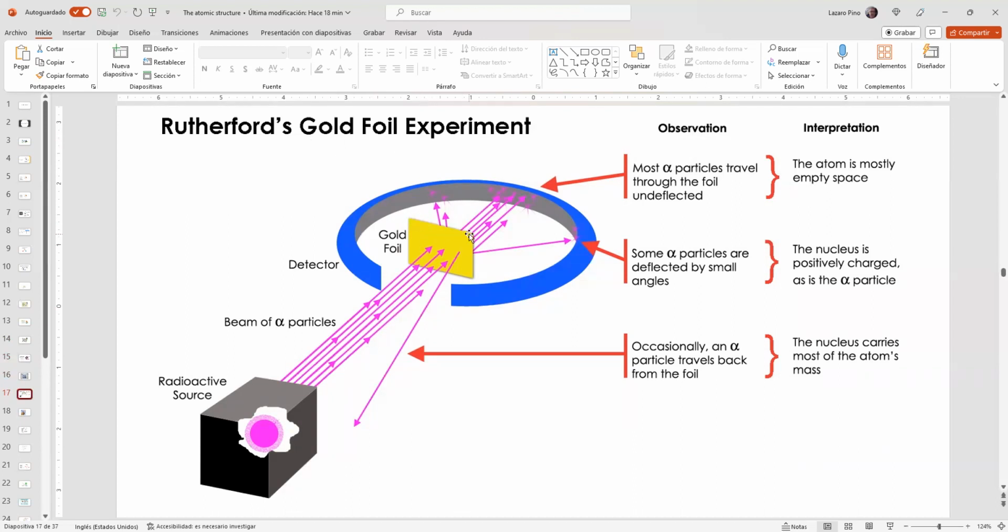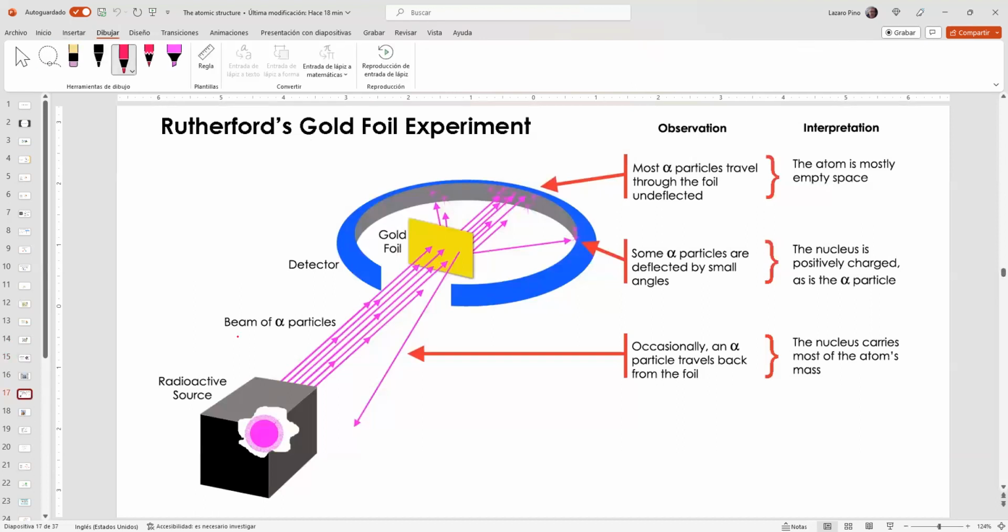Why? Because he put a gold foil, very, very thin, in the way of a beam of alpha particles. Alpha particles are positive particles. And he discovered that most of the alpha particles went through the foil.